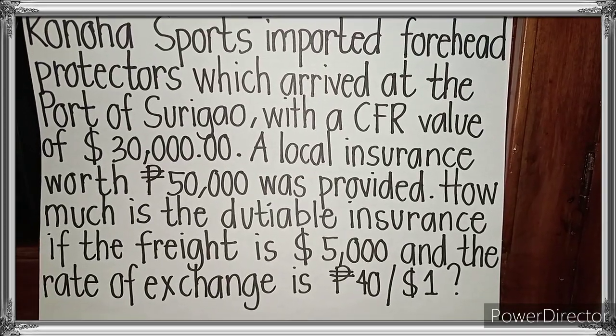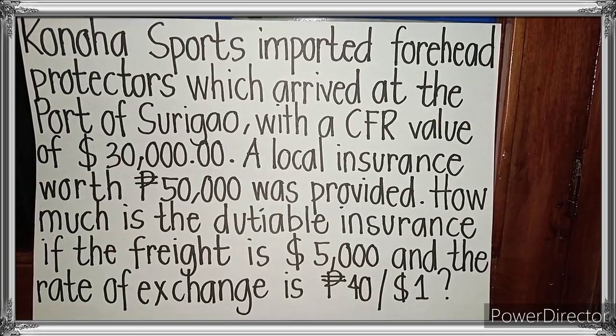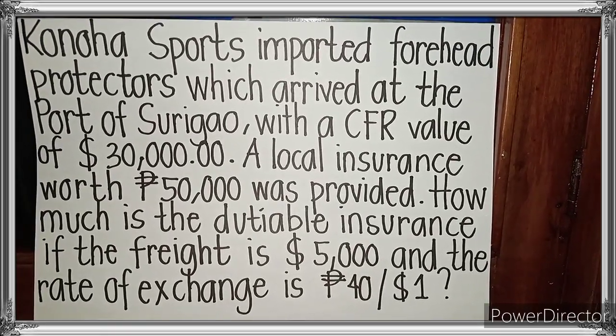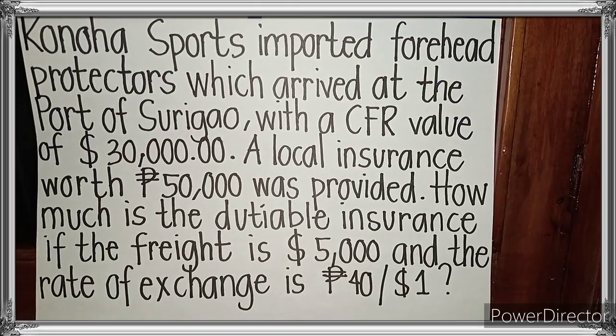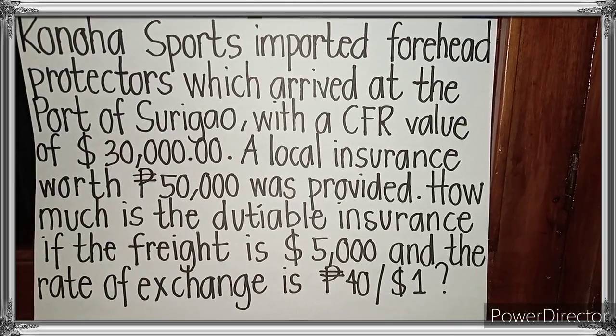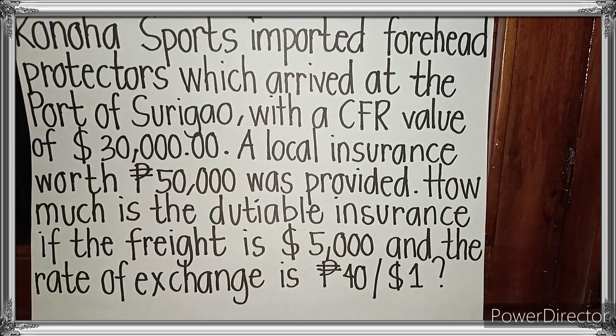Next problem is Konoha Sports imported 4 head protectors which arrived at the port of Surigao with a CFR value of $30,000. A local insurance worth 50,000 pesos was provided.